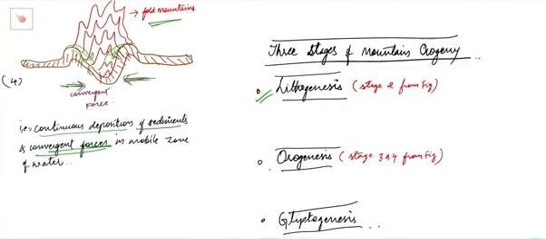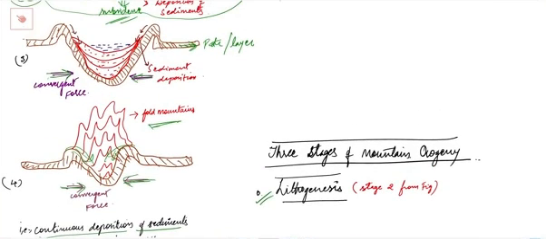Then we'll see what orogenesis is. The second stage is orogenesis, for which we have to see figures number 3 and 4. If we consider both figures, due to the convergent forces and the regular continuous deposition of sediments, squeezing takes place, and a fold is formed, and thus we can see the formation of fold mountain.